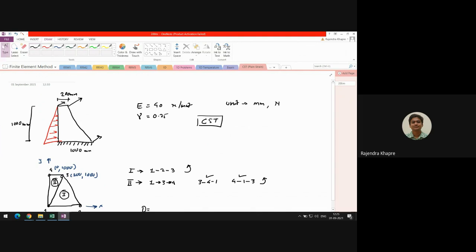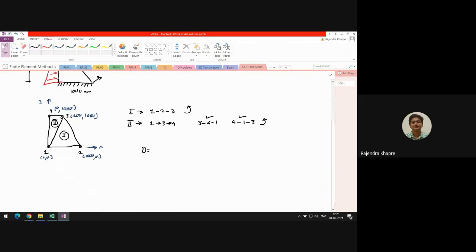We have already seen in the previous classes the derivation for the plane strain case, and it is assumed that in the plane strain case the strain in the z direction, that is in the perpendicular direction, is 0. Based on that assumption we have already derived the expression for the D matrix. It was E divided by 1 plus mu, multiplied by 1 minus 2 times mu.